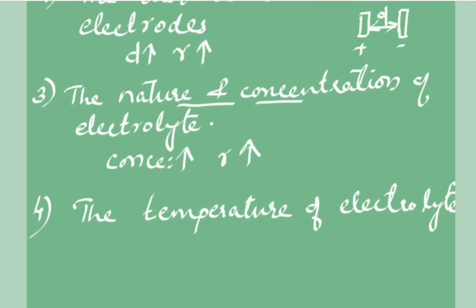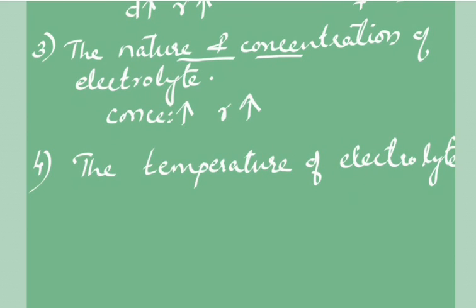Now the last factor is the temperature of the electrolyte. If the temperature of the electrolyte is high, then the internal resistance of the cell will be low. So the more the temperature of the electrolyte, the less the internal resistance of the cell.